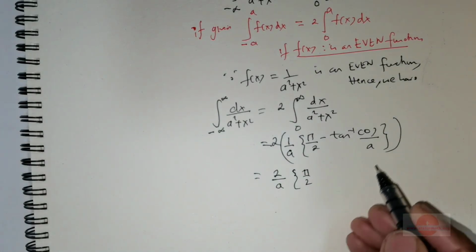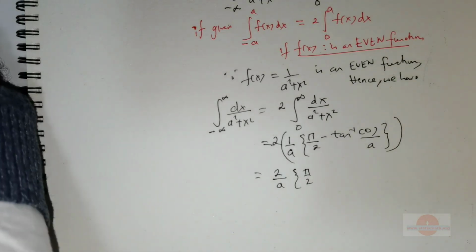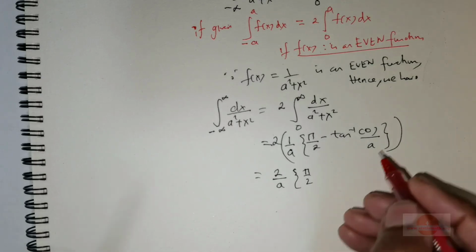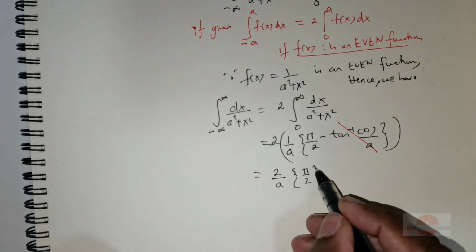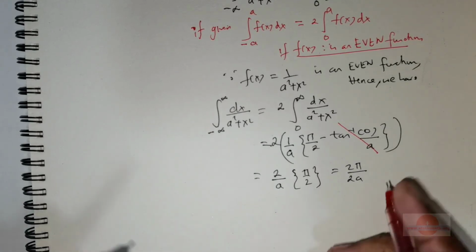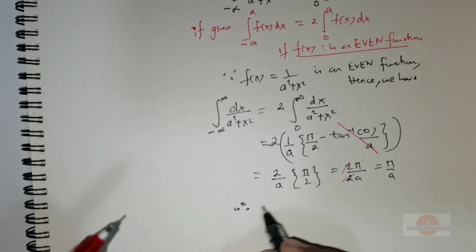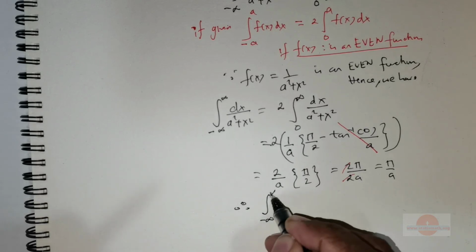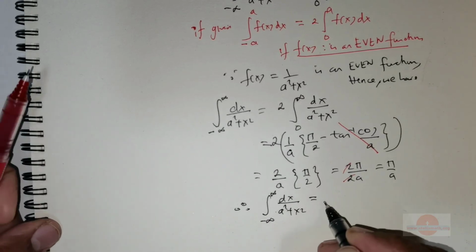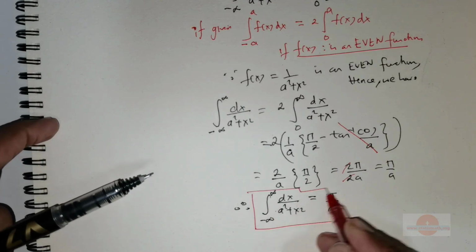Now clearly, what would you get when you take tan inverse of 0? That is going to be 0. So this is going to get cancelled. So you would only be left with 2 pi divided by 2 times a, where the 2's can be cancelled, giving you pi over a. So you can write the final answer. Therefore, the integral from negative infinity to infinity of dx divided by a squared plus x squared is equal to pi divided by a. And you box the final answer.